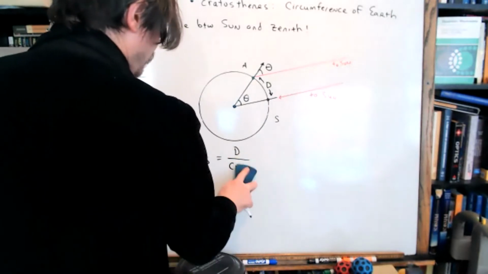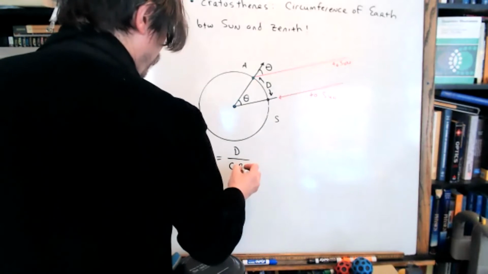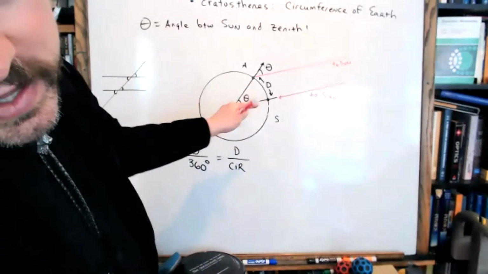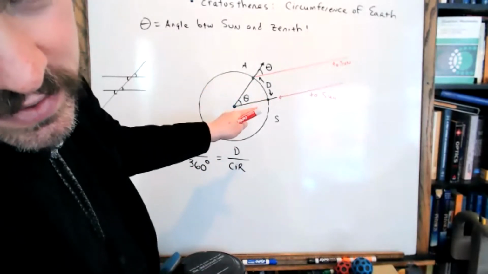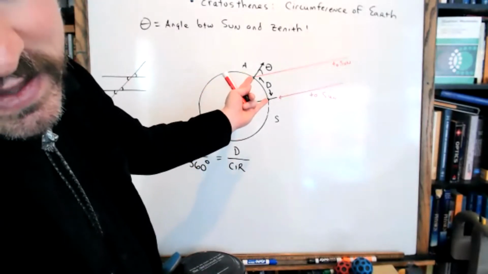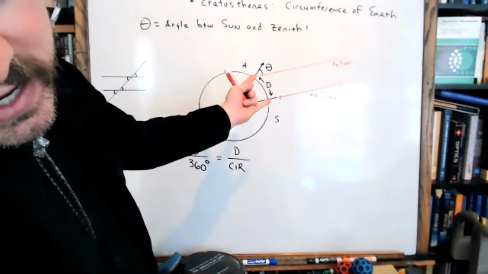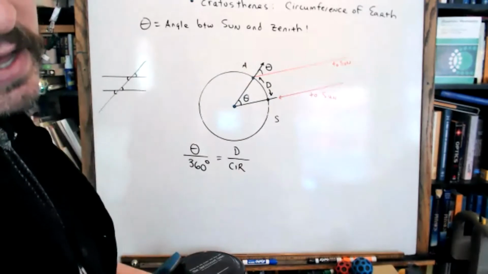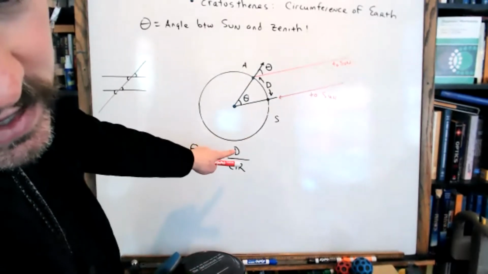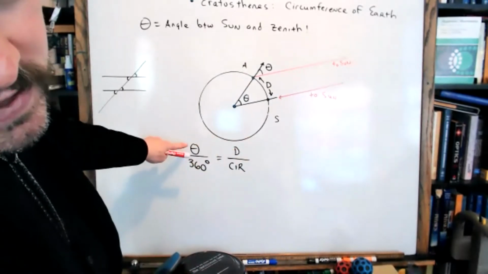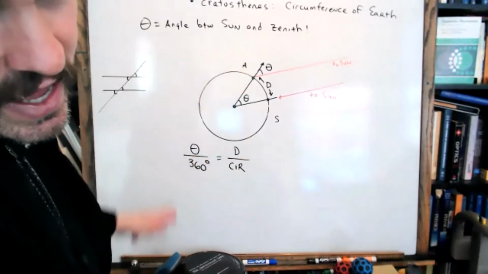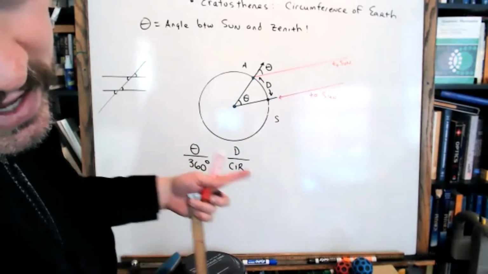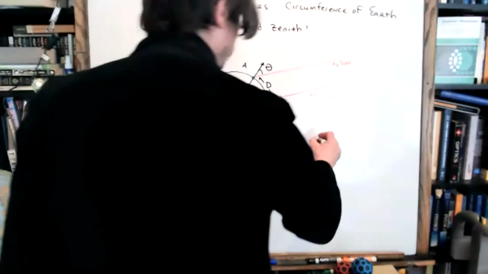If you imagine it like a slice of pizza, if this angle is 1/8 of 360 degrees, this distance, the crust of your pizza, will be 1/8 of the total circumference. But he knows the distance because his friend marched it out, and he knows theta because he measured it with the stick. And now he can do some algebra and rearrange to solve for an equation that I call the method of Eratosthenes.